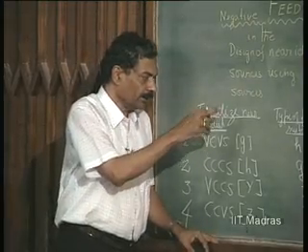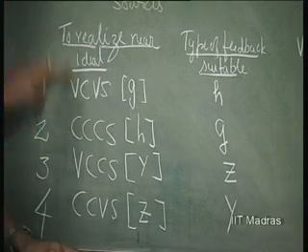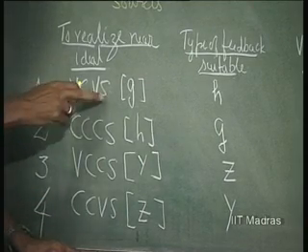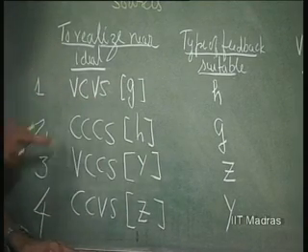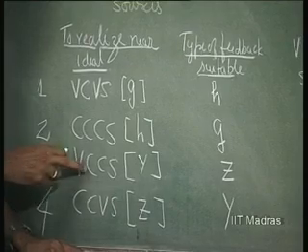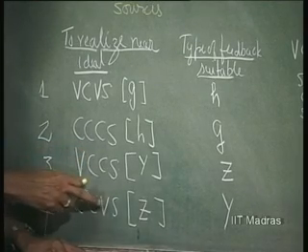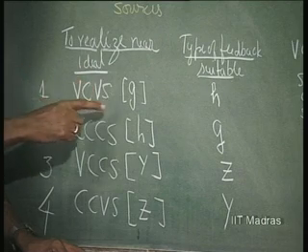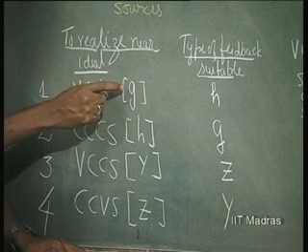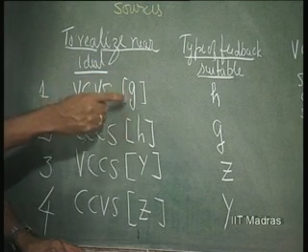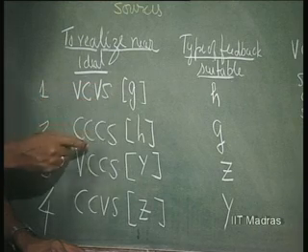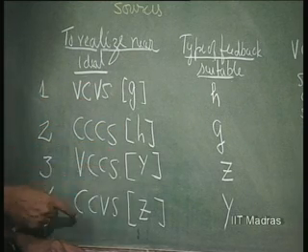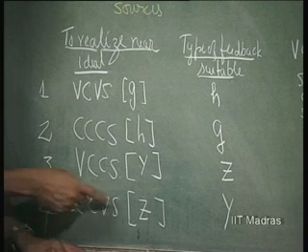To realize near ideal, what kind of source do you want to realize? Do you want a near ideal voltage controlled voltage source, or current controlled current source, or voltage controlled current source, or current controlled voltage source, which ideally can be represented only by these parameters that we had seen: G for VCVS, H for CCCS, Y for VCCS, Z for CCVS.